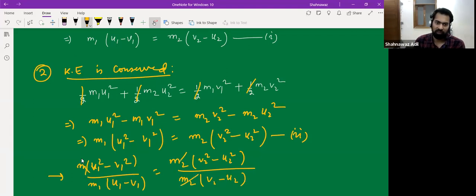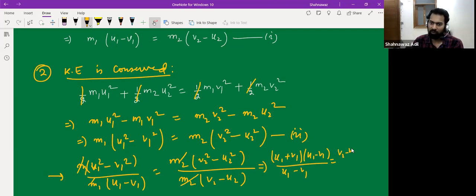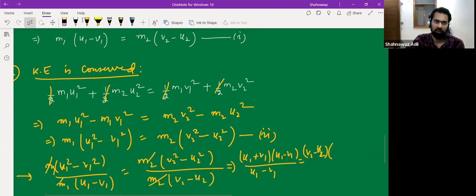Right, guys, so this guy cancels, and this is a square minus b square, so we'll get (u1 plus v1) and (u1 minus v1). This will become u1 minus v1. And this is the same, so (v2 plus u2) and (v2 minus u2).